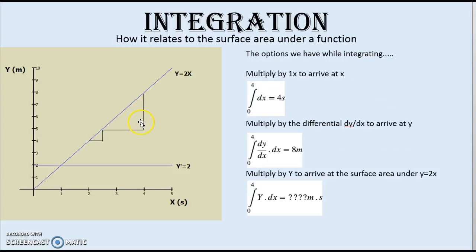Alright. While we are integrating, we have different options we can do. We can just take the steps itself, and then you would end up at your end value of x, right, 4 seconds. But while we're taking these steps, we can also multiply by the differential of a function. Right?